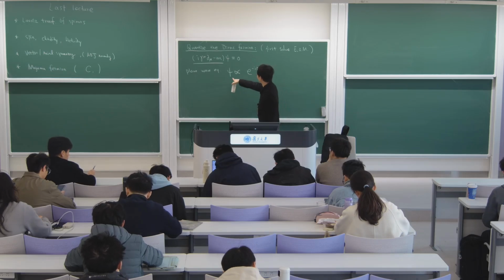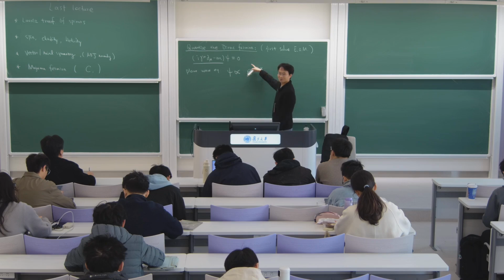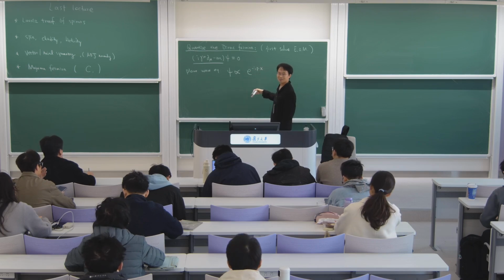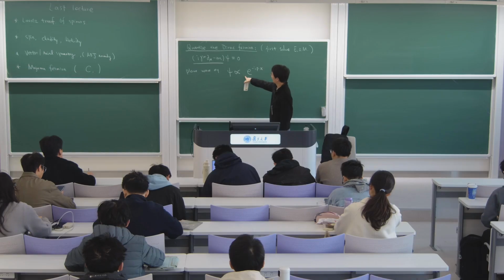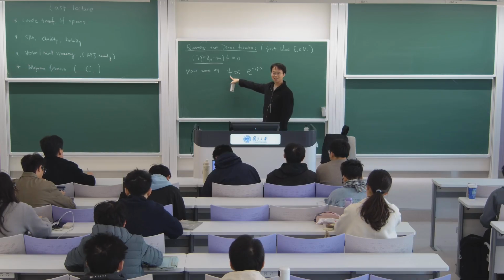But this is a spinor. The exponent is certainly a number, or a scalar if you want, because it's p dot x. So the coefficient must carry the spinor structure.